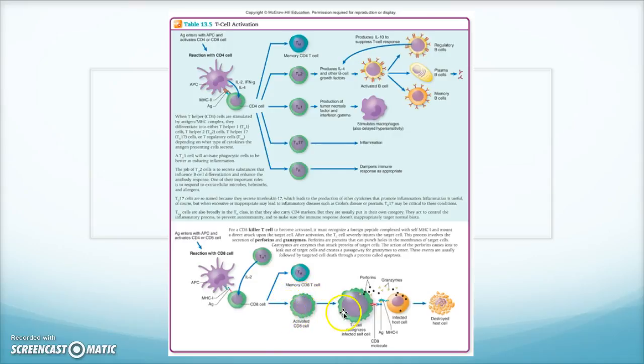And these are the ones that are capable of going out and killing or breaking down, destroying some sort of a host cell that has been infected. And we see here that that CD8 molecule will once again recognize an MHC1 presenting antigen, and it will break down the cell that has that infection in it. So those are really the two different T cell activations that you need to know.